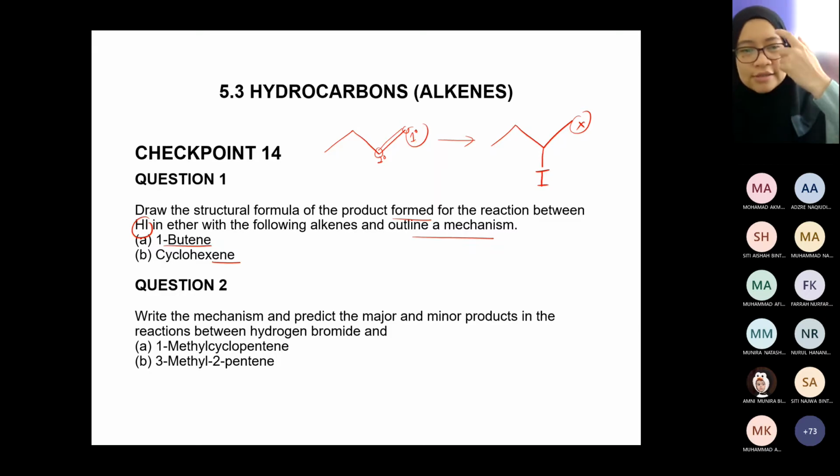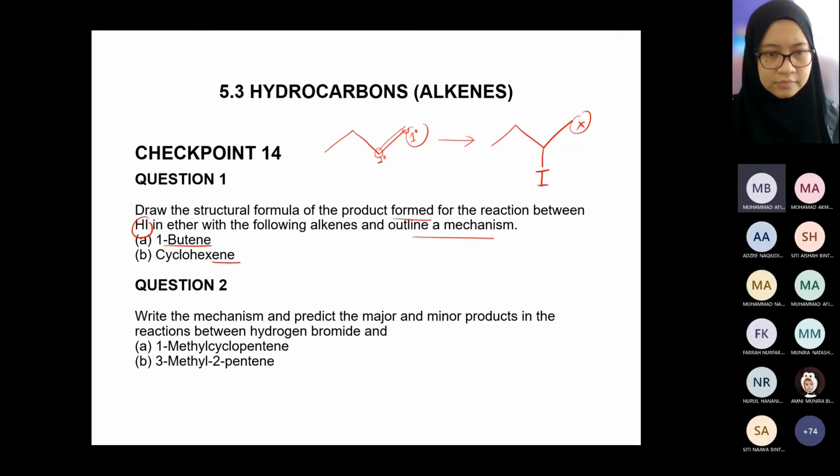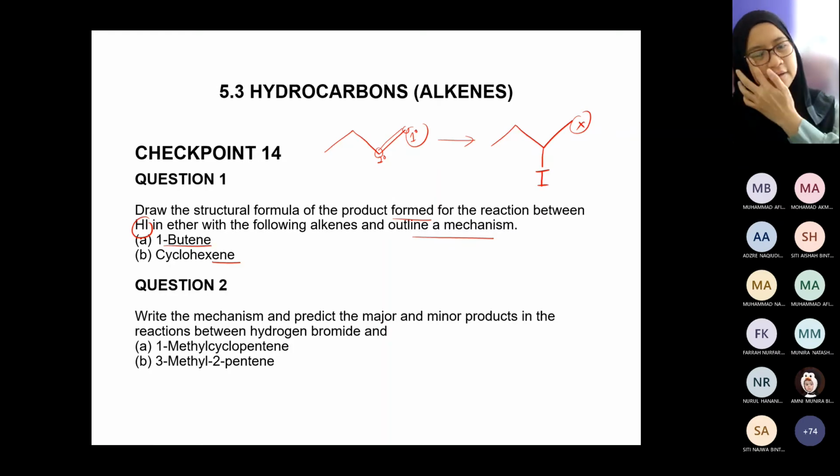Okay, right. Question number two, nak yang mana? A ke B? B. Okay. Write the mechanism and predict the major and minor product.